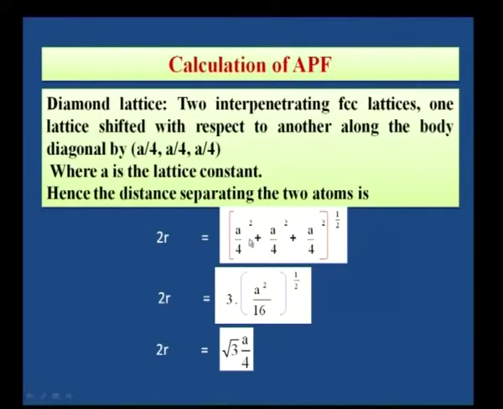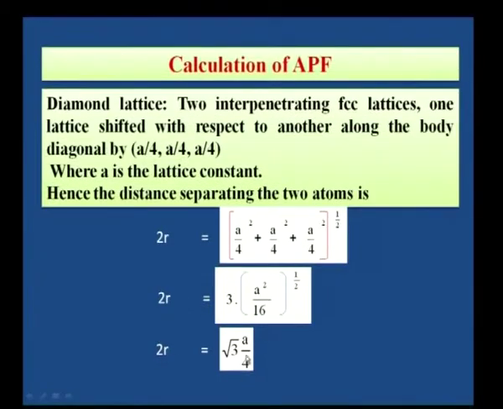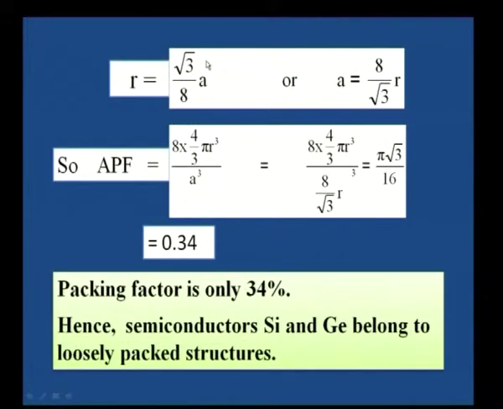So, A by 4 square will be A square by 16, A square by 16, A square by 16. So, that will be 3 times A square by 16, the whole thing to the power of half, right. So, 2r will be equal to root 3 times A by 4. So, r will be equal to root 3 A by 8, that will be the radius of the atom.